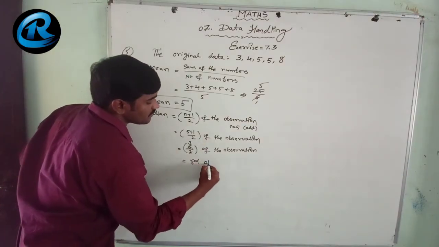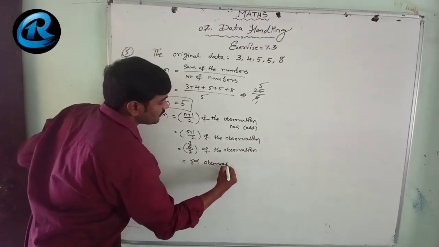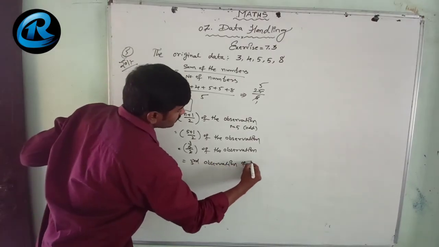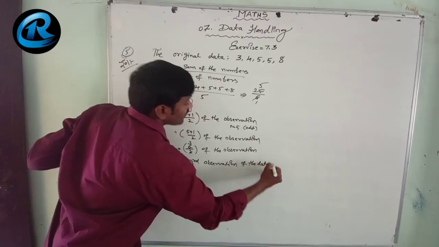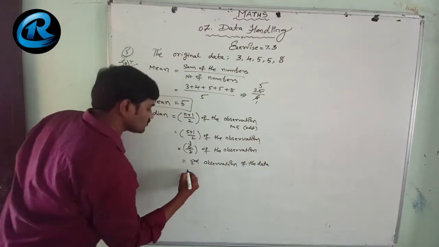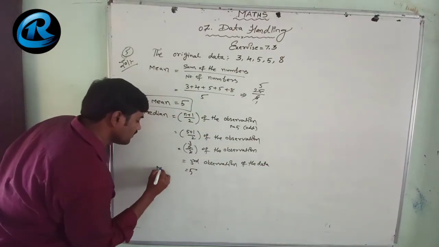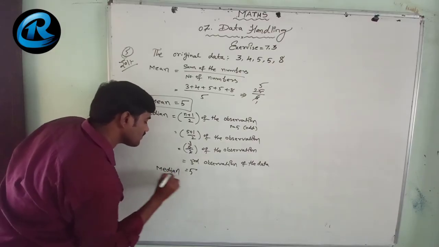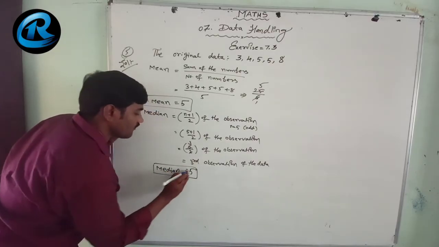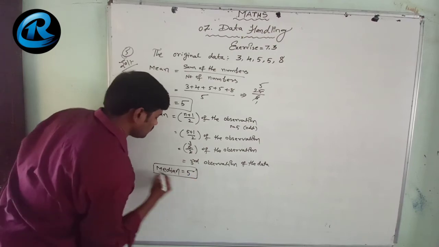The third observation of the data, 1, 2, 3, is also 5. Therefore the median is also equal to 5.